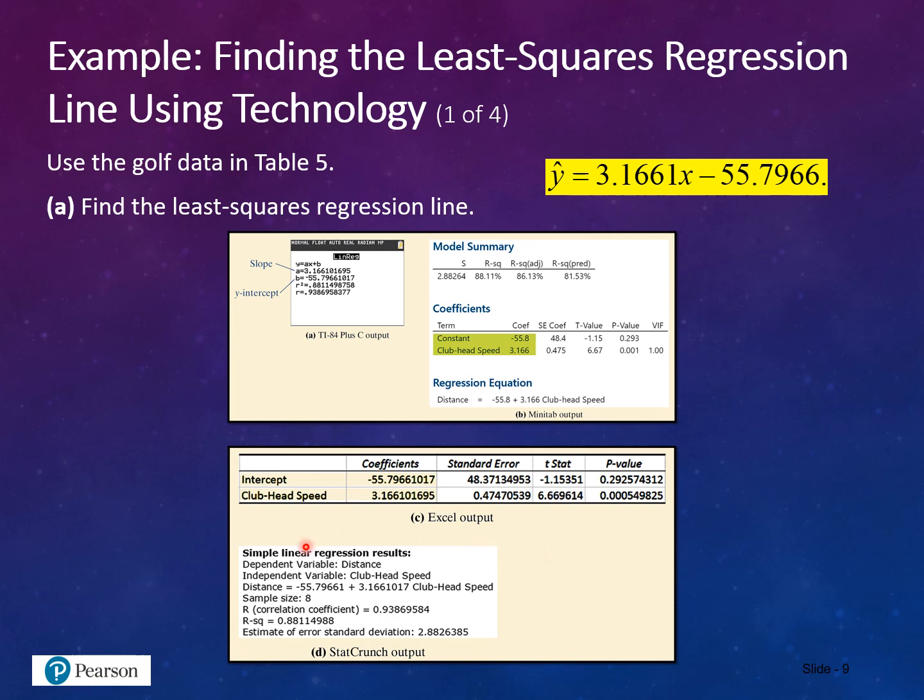And then D here is from StatCrunch. There are videos in your learning section that will help you figure out how to use each of those technologies to find the least squares regression line. So that was our first part, to find the least squares regression line in each of these. And you can see the values highlighted that we use to input into the equation.